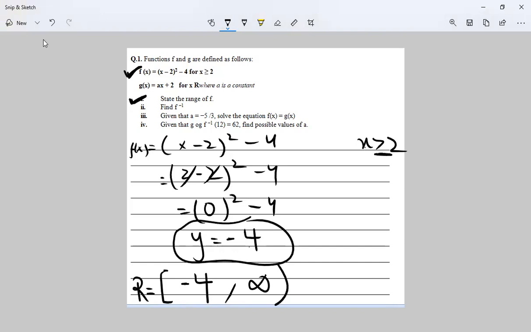Now come to the second part of the question. It means that we need to find the inverse function. Whenever an inverse function is mentioned, it means that we need to work for the x value.